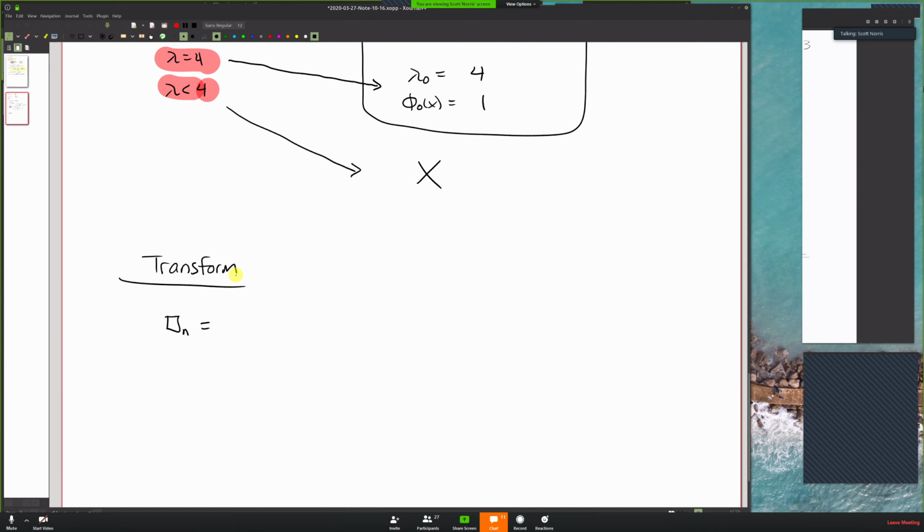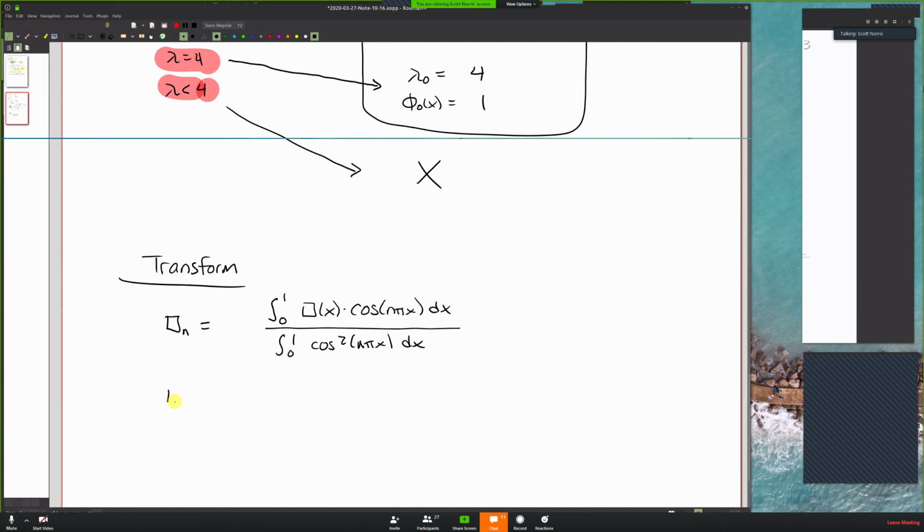So for all of the n except 0, our transform is the integral of whatever the thing is times cosine n pi x dx divided by the integral of cosine squared n pi x dx. All right.